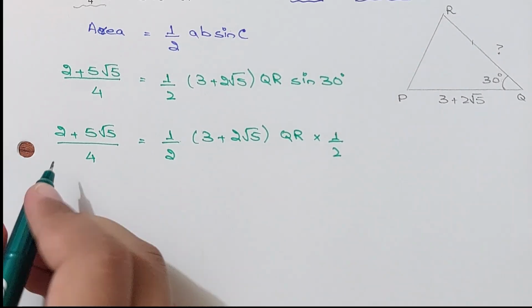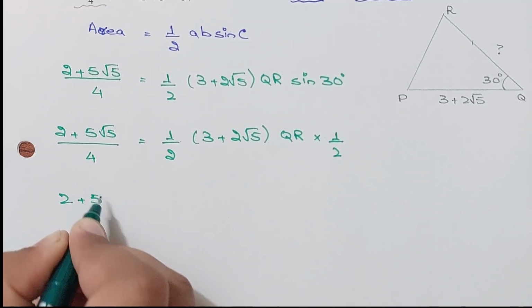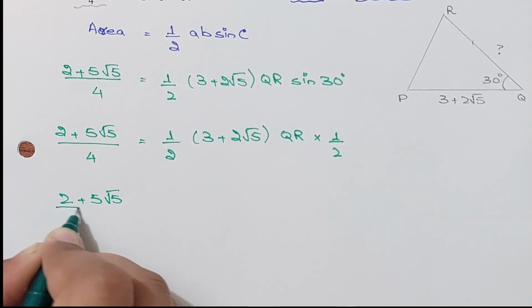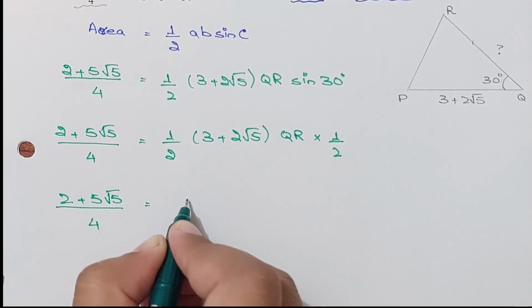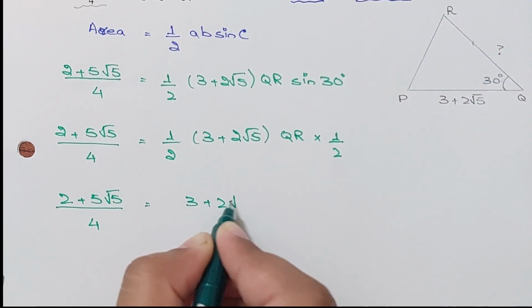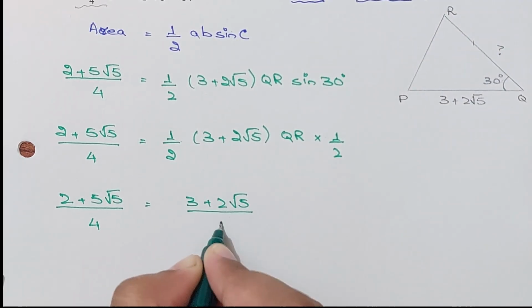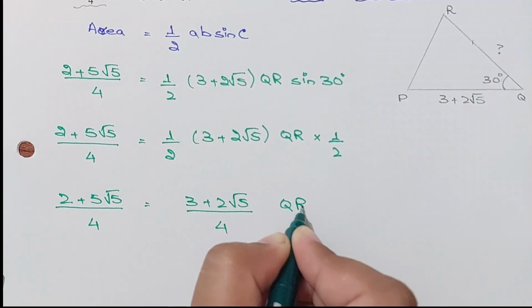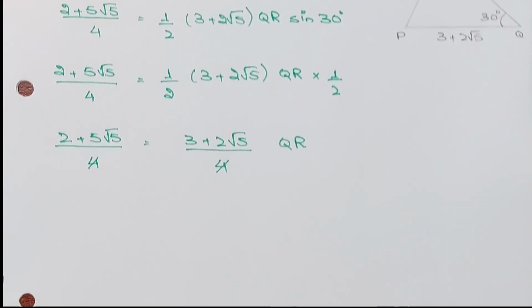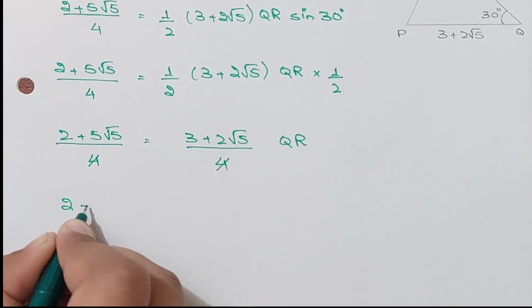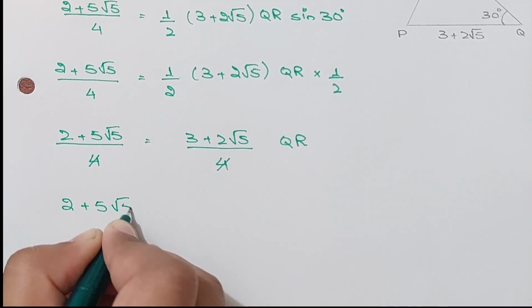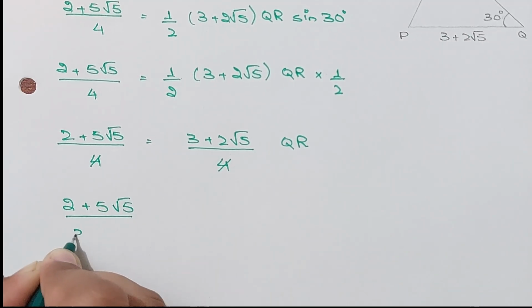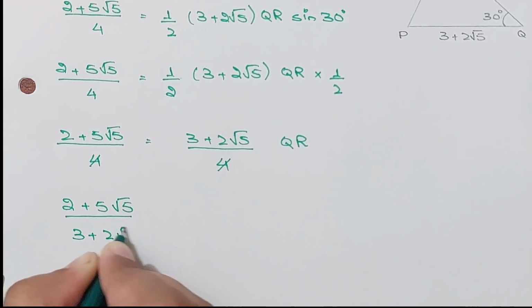So this becomes 1 by 4. 2 plus 5 square root of 5 by 4 equals 3 plus 2 square root of 5 divided by 4 into QR. So 4 is cancelled with 4, right? So now QR is 2 plus 5 square root of 5 divided by 3 plus 2 square root of 5.